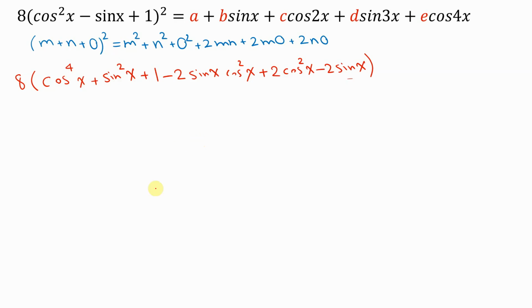Now I'm going to use some formulas, but before I go into simplification, just as a reminder, cosine squared x we can rewrite as 1 plus cosine 2x divided by 2, or sinusoid squared x as 1 minus cosine of 2x divided by 2.